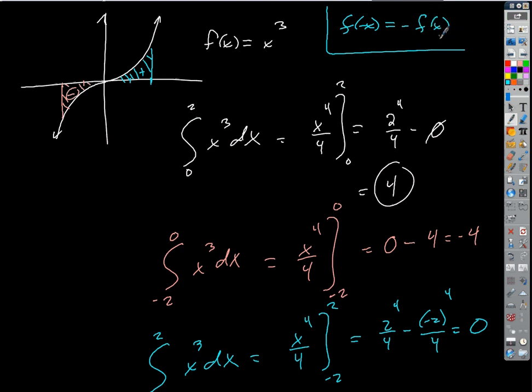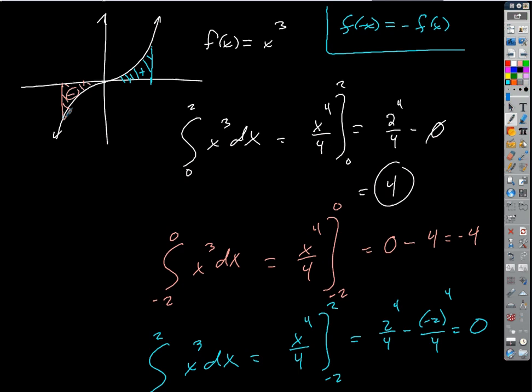So if I go over by some amount x, I'm going to go up that far. If I go backwards by negative x, I'm going to go down that far, right? So the y value is going to be opposite of what it was at positive x.